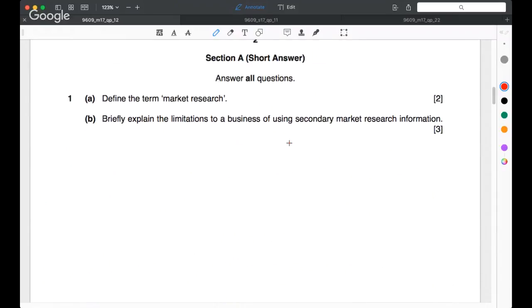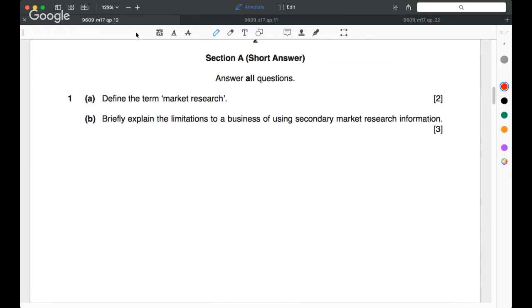1B: briefly explain the limitations to a business of using secondary market research information. The important thing to remember here is the word secondary.